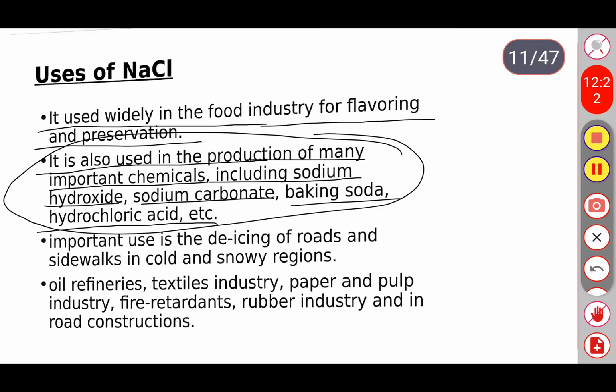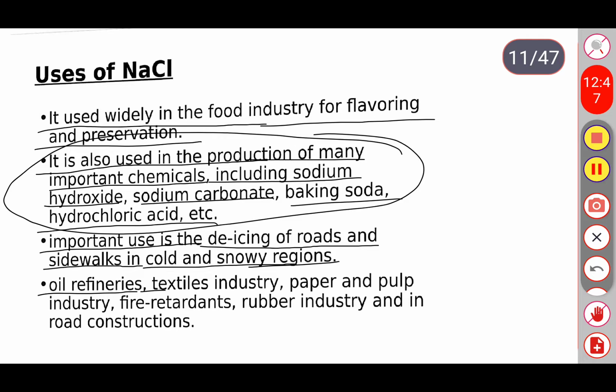Next important use is de-icing of roads and sidewalks in cold and snowy regions. And next one is oil refineries. In the purification of oils, or the purification of petroleum products also, we use the same compound.